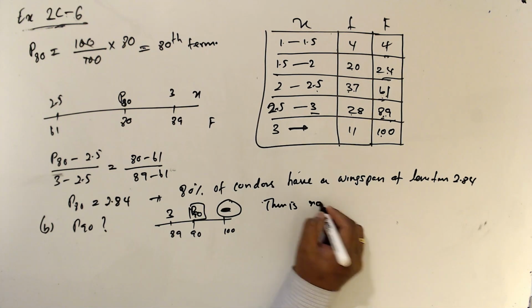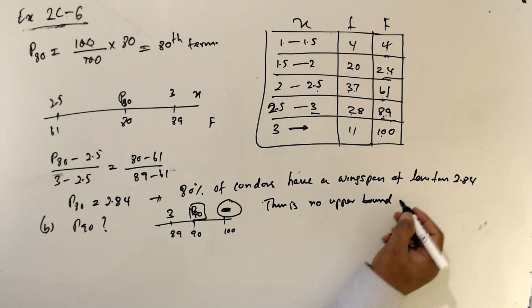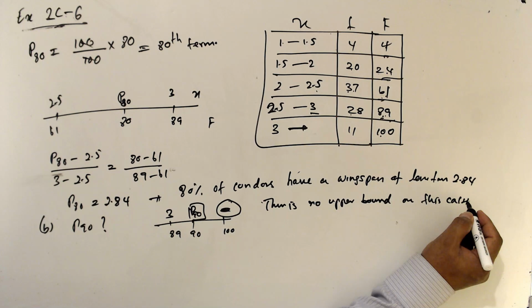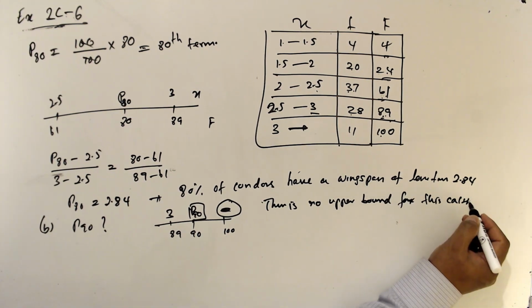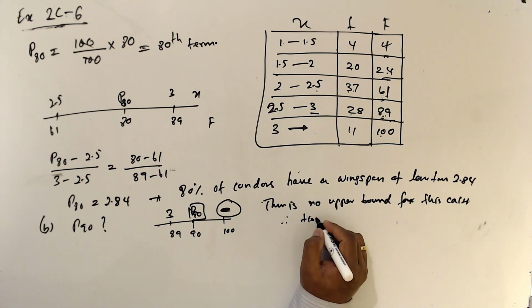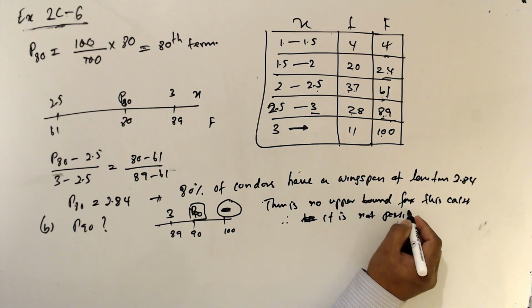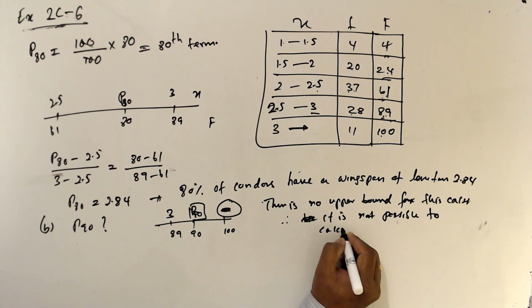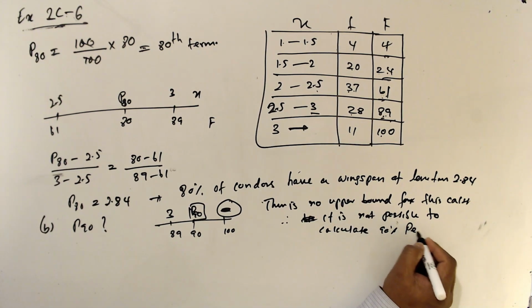There is no upper bound on this class, hence it is not possible to calculate the 90th percentile.